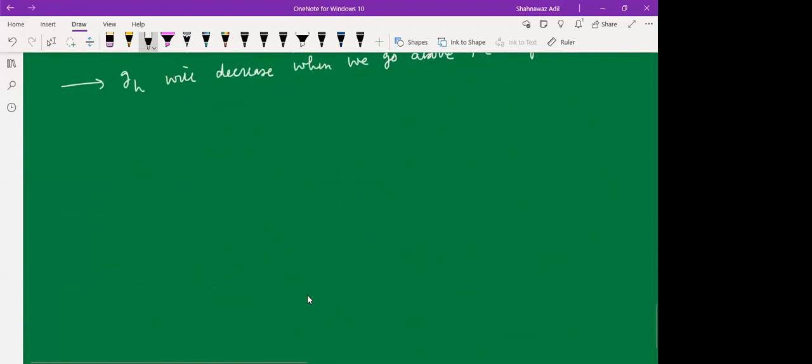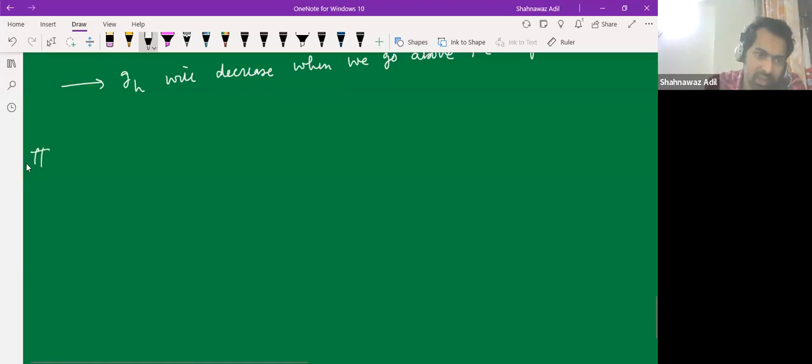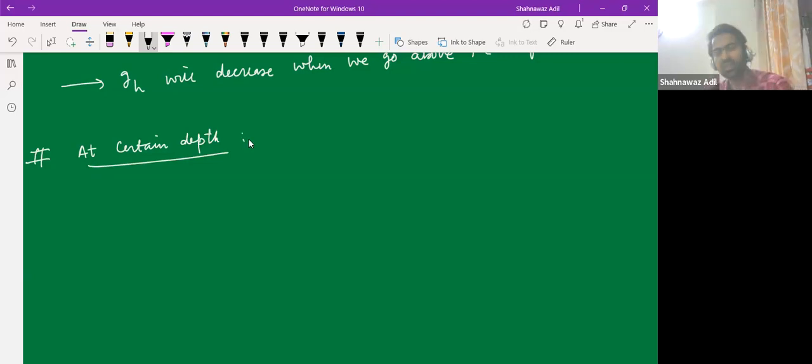Now let us say the third one, which is at a certain depth. When you dig into the surface of the Earth and go beneath it, what happens to the gravitational acceleration?